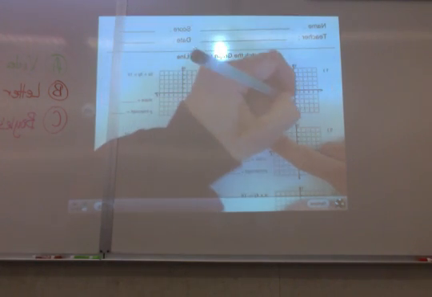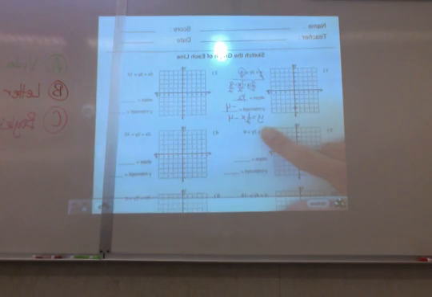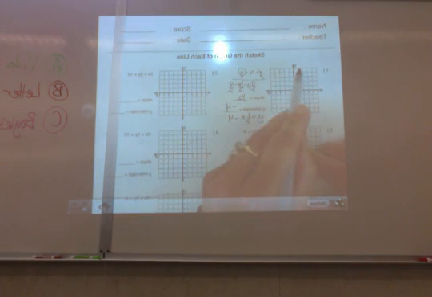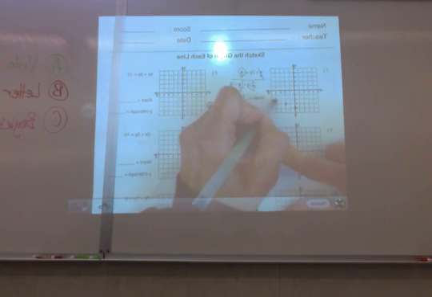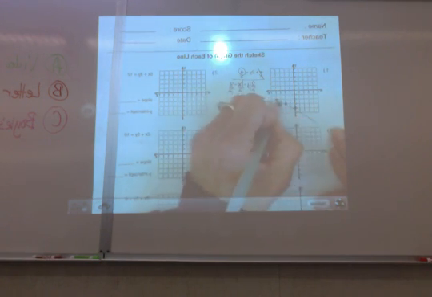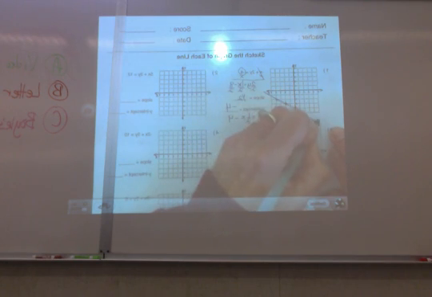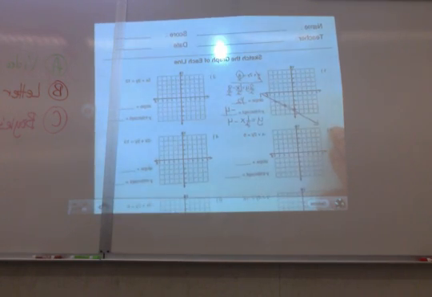I go ahead and put a -4 as my starting point. Y-intercept means on the y. That's where it crisscrosses. 1/2 means from this line, I go up 1 to the right 2. There you go.